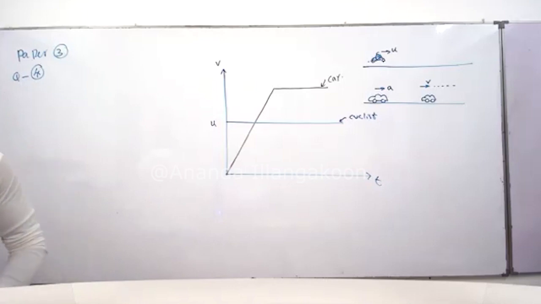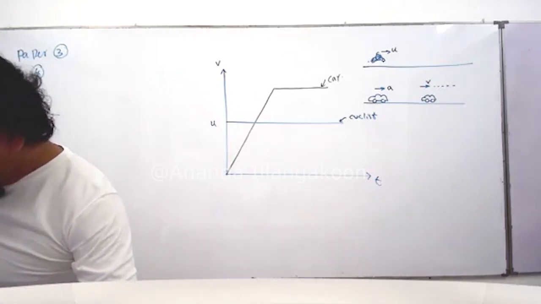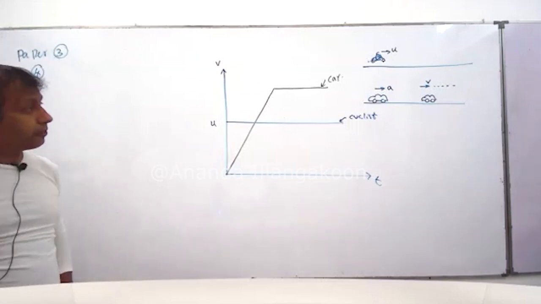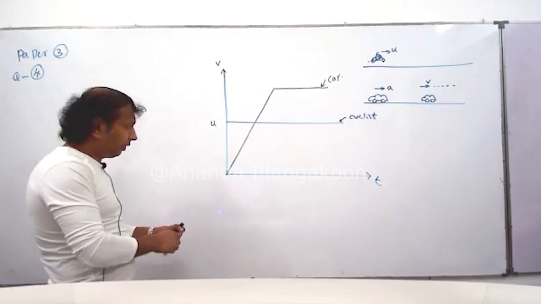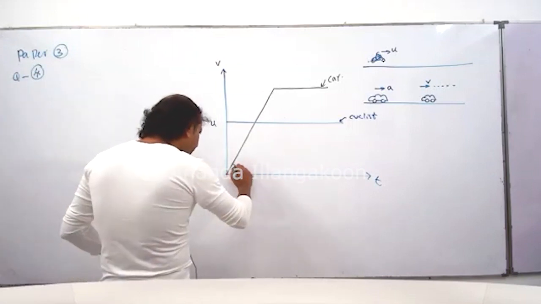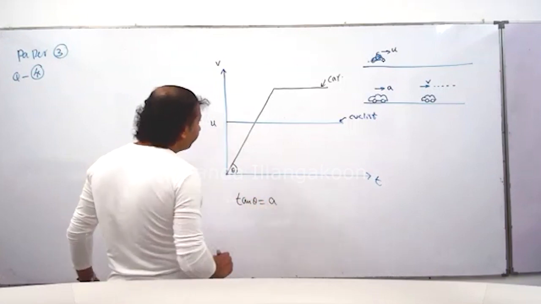Deduce that within the period in which the motor car is behind the cyclist, the maximum distance between them is maximum distance. Now, if I take this angle as theta, tan theta is the acceleration of the car, given as a.